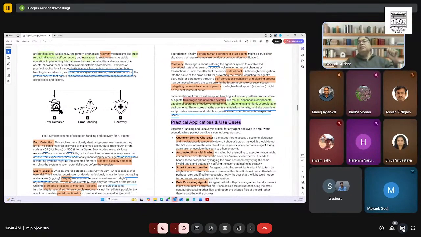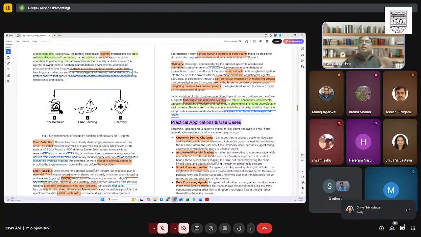So retries is nothing but, it can make some slight changes in the prompt, or it can retry the same prompt also. That depends. Suppose my tokens are being exhausted, right? So now I can move to the next API key and try the same prompt.